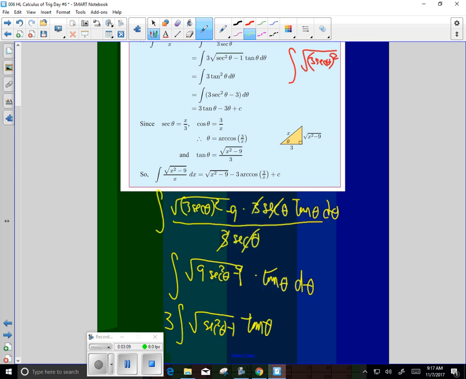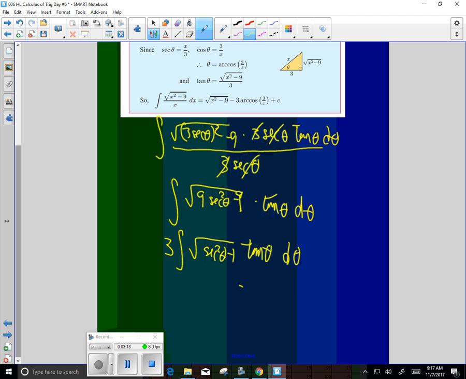What is secant squared theta minus 1? Do you remember that? What's tangent squared plus 1 equal to as an identity? Secant squared. So what's secant squared minus 1?